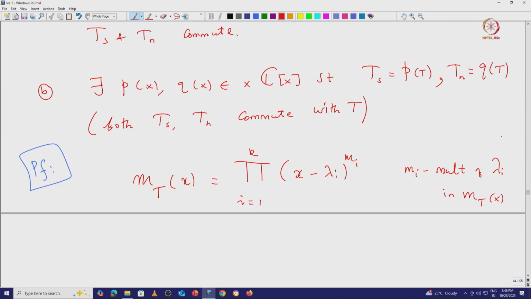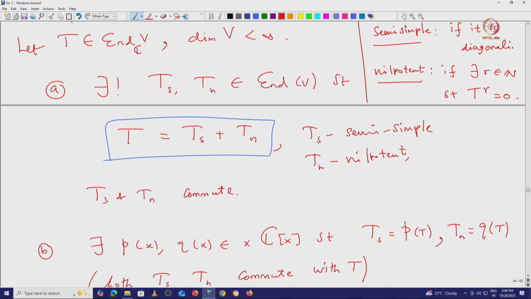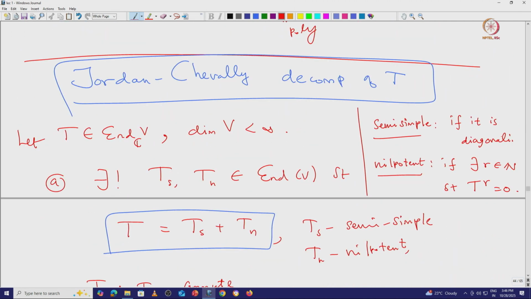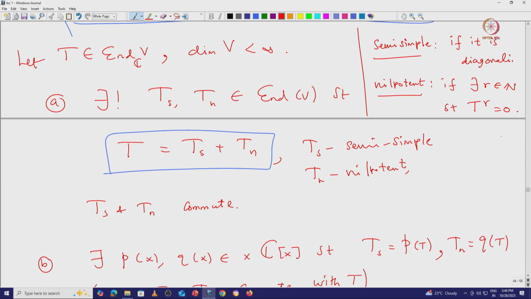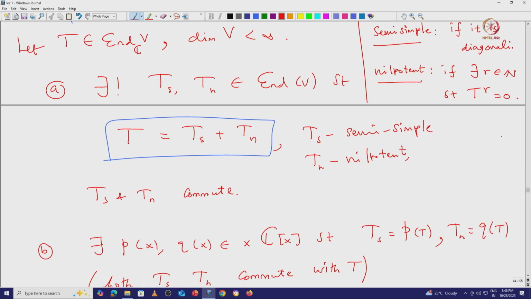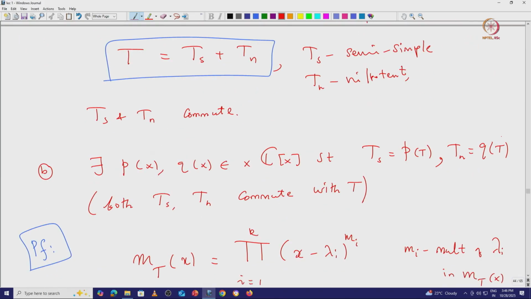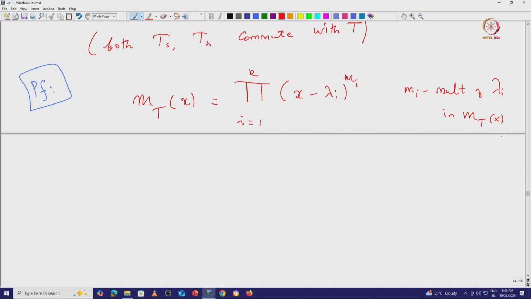This can be achieved because we are working over complex numbers. The only thing needed is that the operator T should have all its eigenvalues inside your field. So, all these arguments will go through. That means the characteristic polynomial, or the minimal polynomial, should have all its roots in your field, and that is guaranteed because we are working over complex numbers.